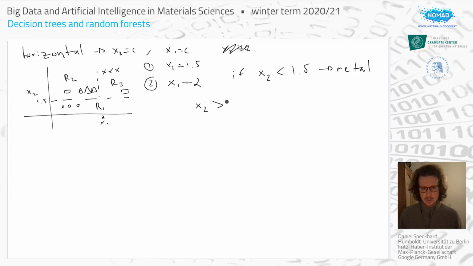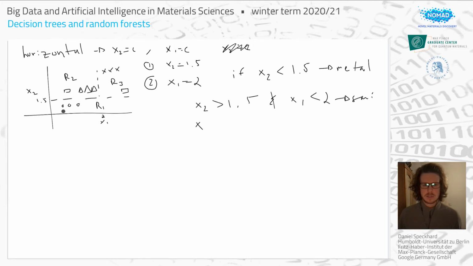If x2 is greater than 1.5 and x1 is less than 2, this is going to be a semiconductor. And so this is this region, x2 is greater than 1.5 and x1 is less than 2 here. And you can spell out the last one for insulators. Again, it's greater than 1.5 for x2 and x1 is now greater than 2. This will be our insulator. So that's a perfectly good tree as well.